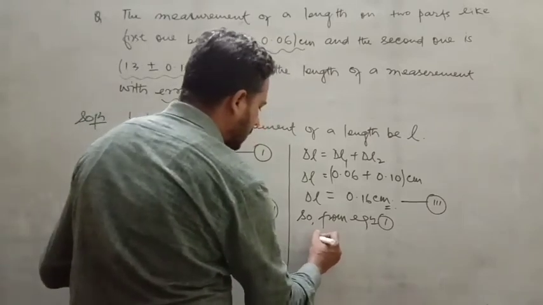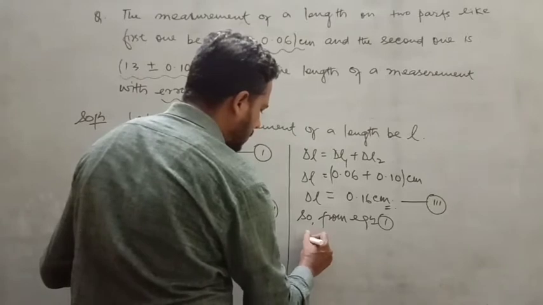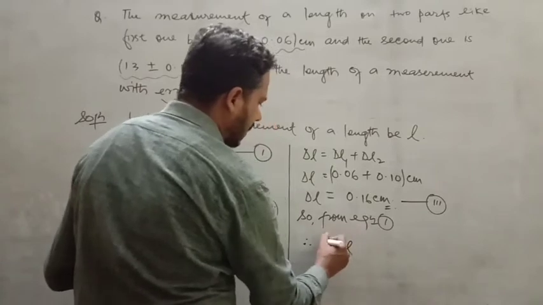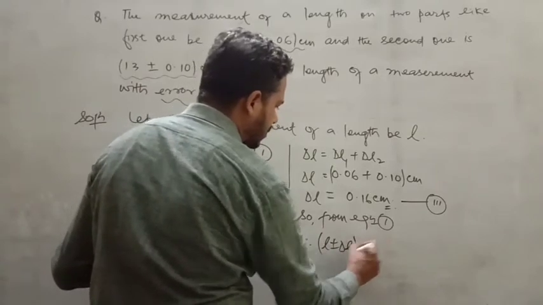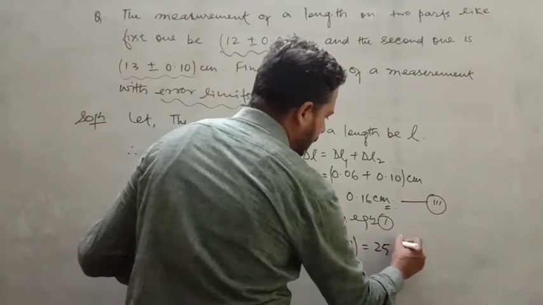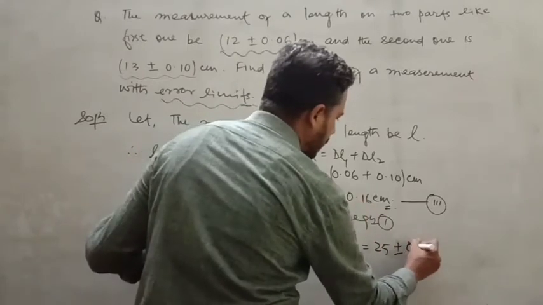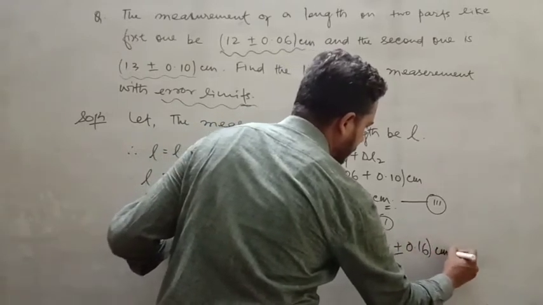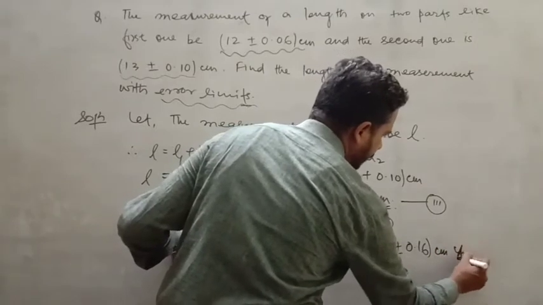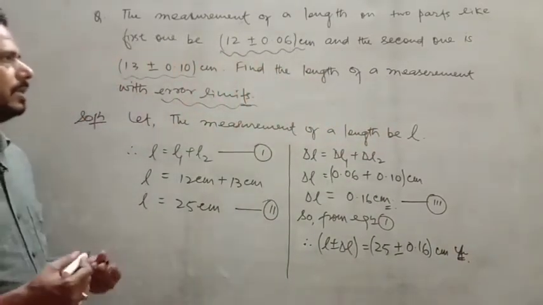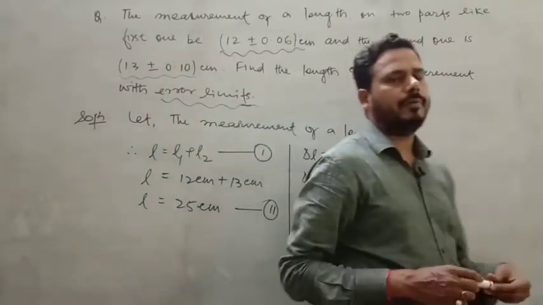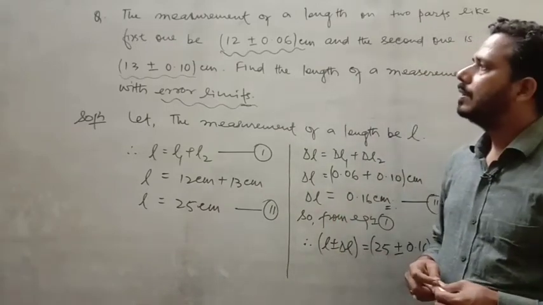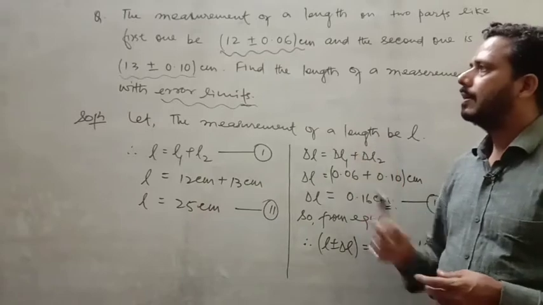So your answer is L plus minus delta L, that is 25 plus minus 0.16 centimeter, and this is your answer. By this way you can solve different types of questions. We will discuss some other questions also, but now we will go to the combination of errors.